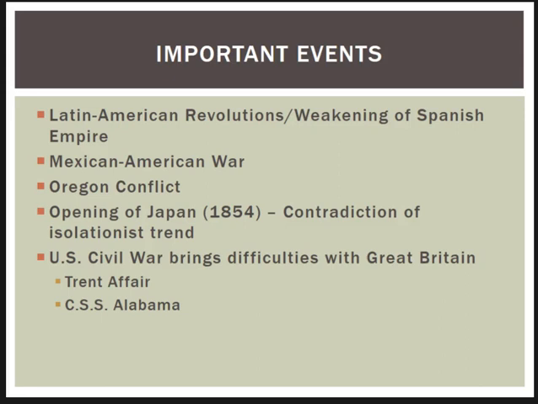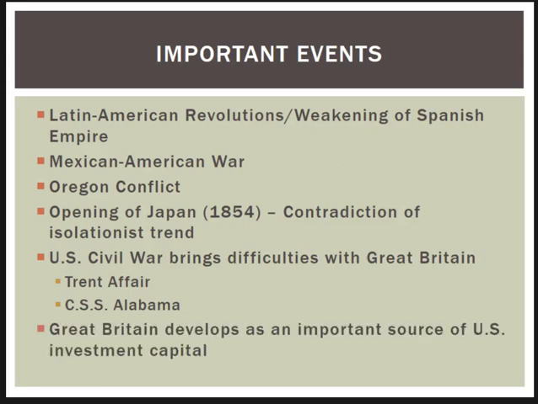The British claimed that it had not been built with the official permission of the British government, but nonetheless it had been built in Great Britain. And eventually, after the war, the British paid the United States a large amount of money, I've forgotten now exactly how much, to compensate us for those ships that we lost.